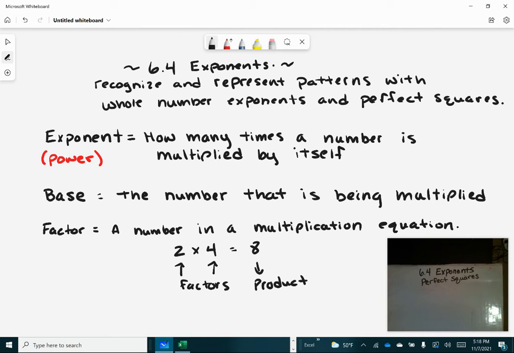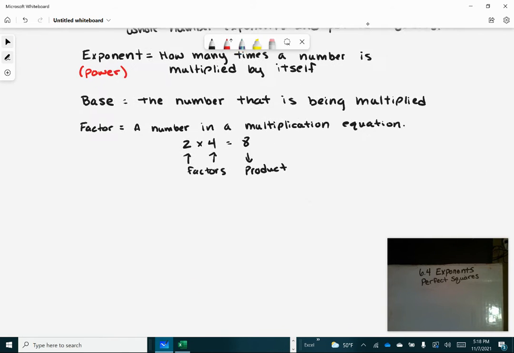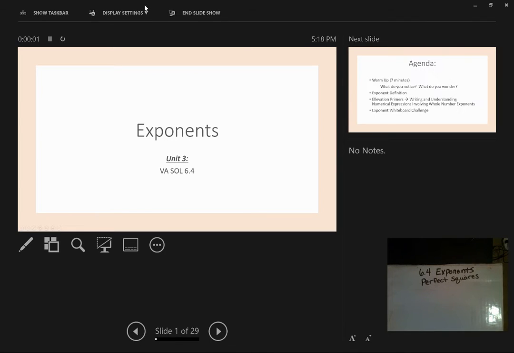Okay, so we have exponent, base, and factor.